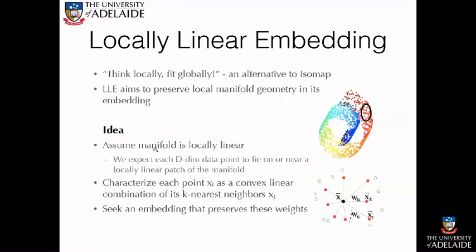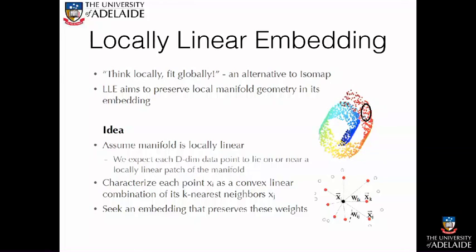So assume the manifold is locally linear, which means we expect each high dimension data point to lie on or near a locally linear patch of the manifold. So just check this plot, which means, let's say, given a data point, and we choose a small patch.